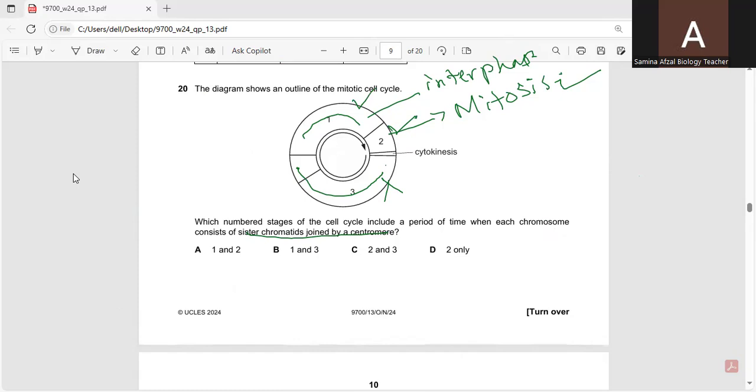Until anaphase, before anaphase, chromosomes have two sister chromatids. So A is the correct option. B, C, and D are not the correct options. According to this, the labeled parts 1 and 2 are the correct options.